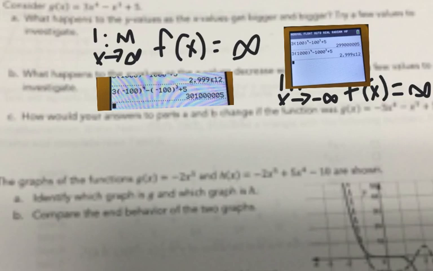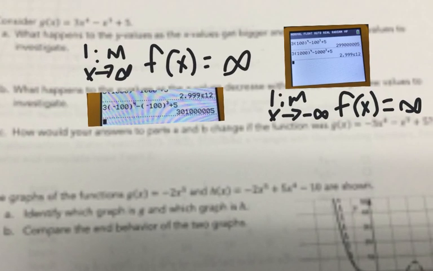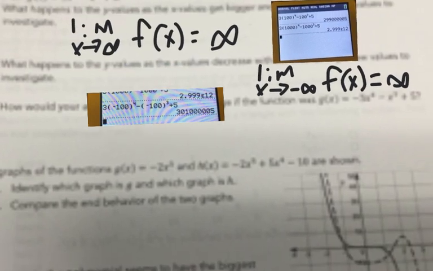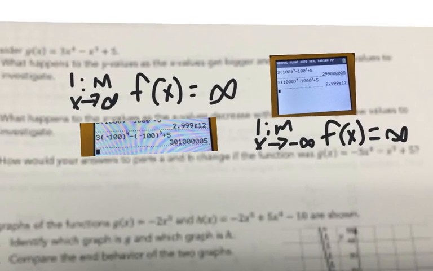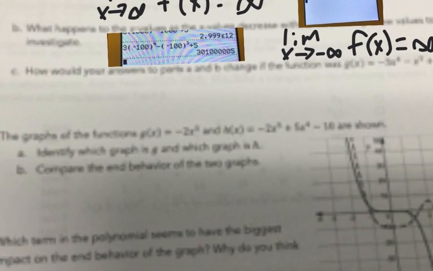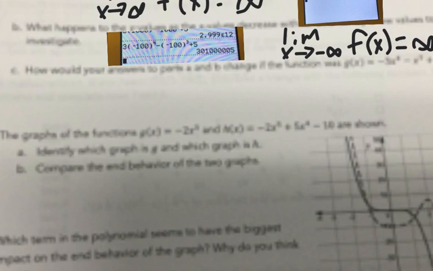Okay, look at part C here. How would your answers change in parts A and B if the function was negative 3x to the fourth minus x to the third plus 5? So again, think about this leading coefficient.